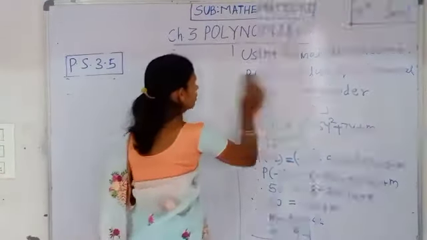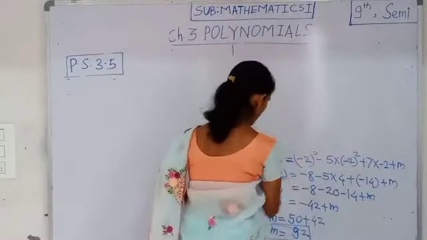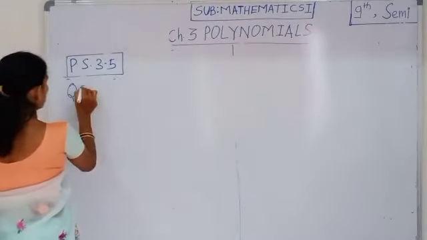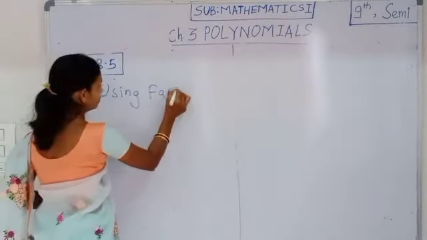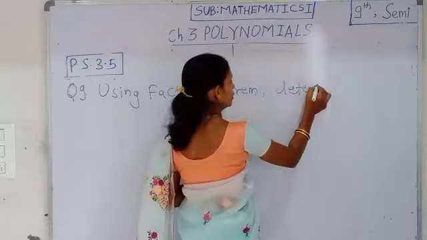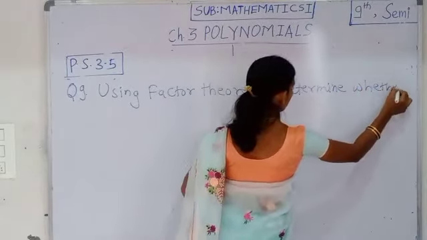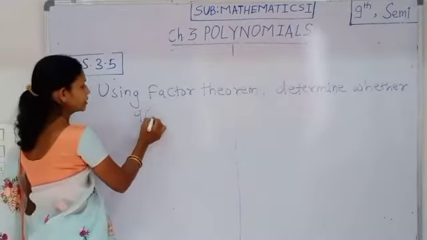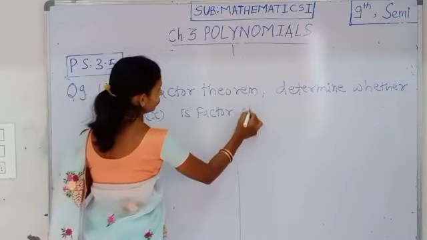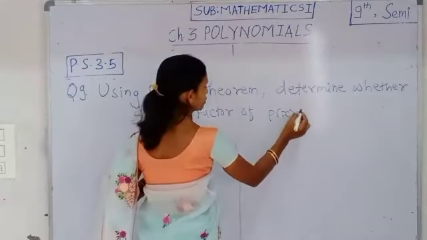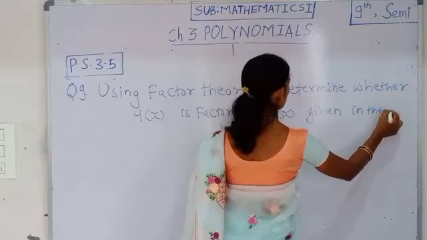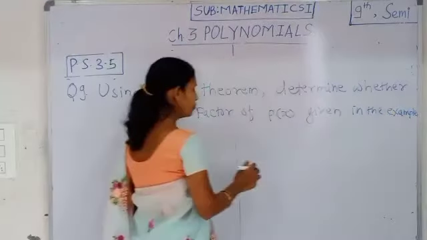Then we will solve the last example from practice set 3.5, that is based on the factor theorem. The example given in question number 9 is: using the factor theorem, determine whether the polynomial q(x) is a factor of the polynomial p(x) given in the examples below.